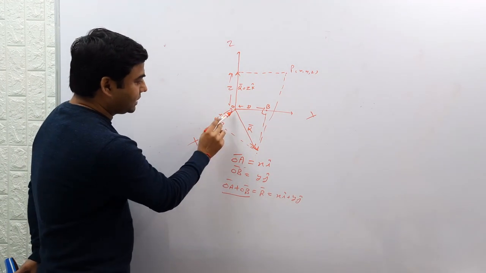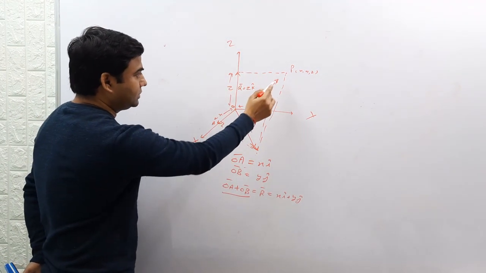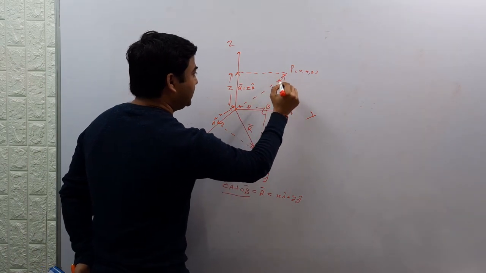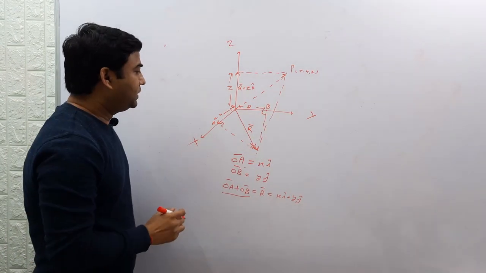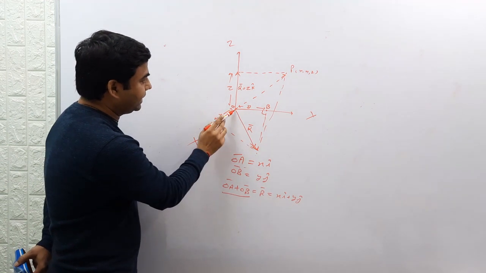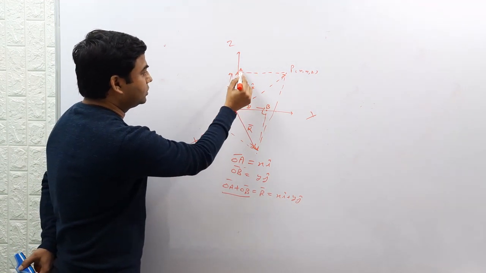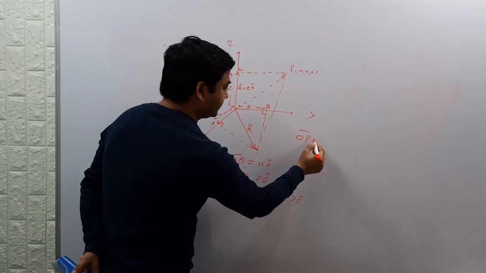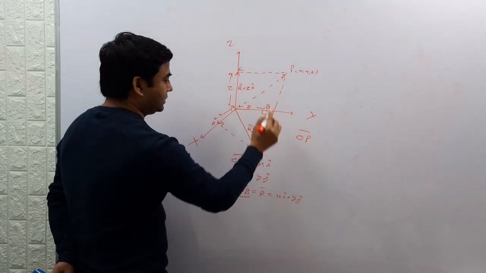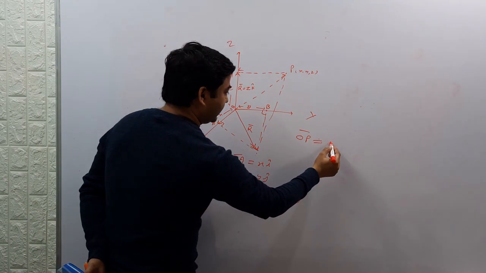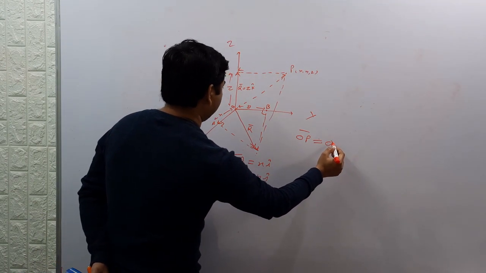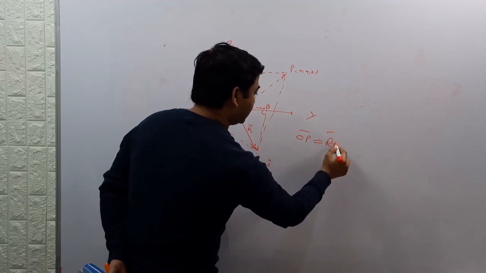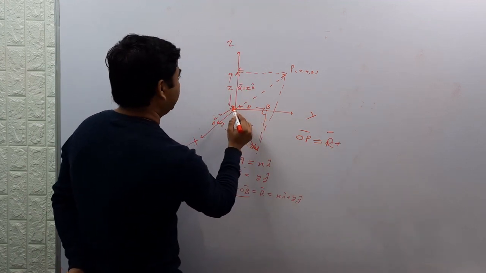These two vectors are perpendicular. So vector OP is the sum of vector R and vector OL. So vector OP is the sum of vector R plus vector OL.